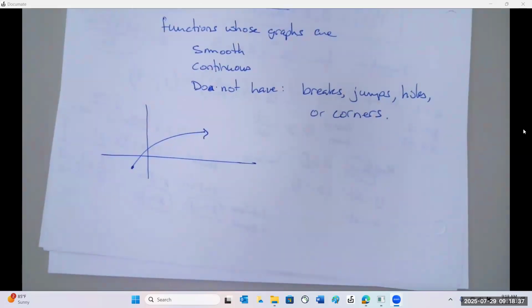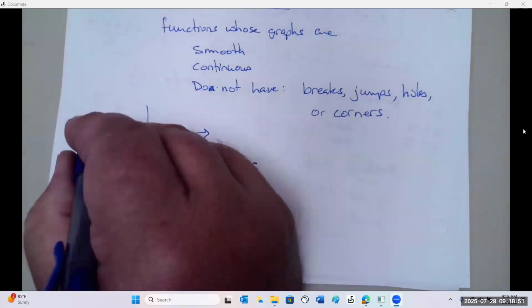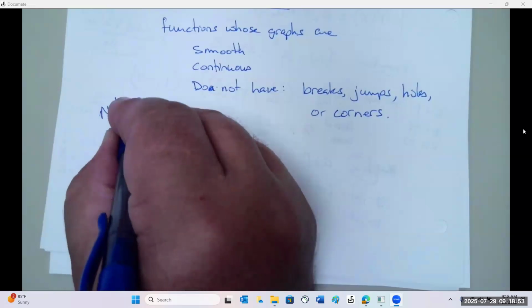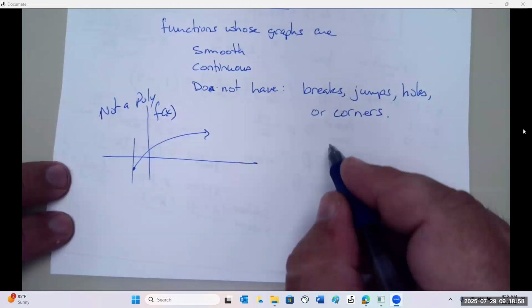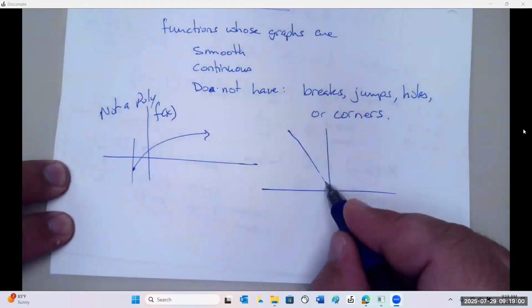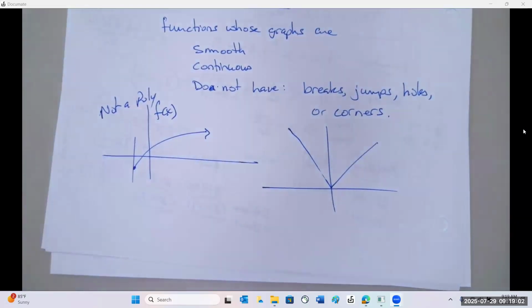Is that a polynomial function? Not continuous. It stops right there. So that's not a polynomial function. How about this graph? What's that?